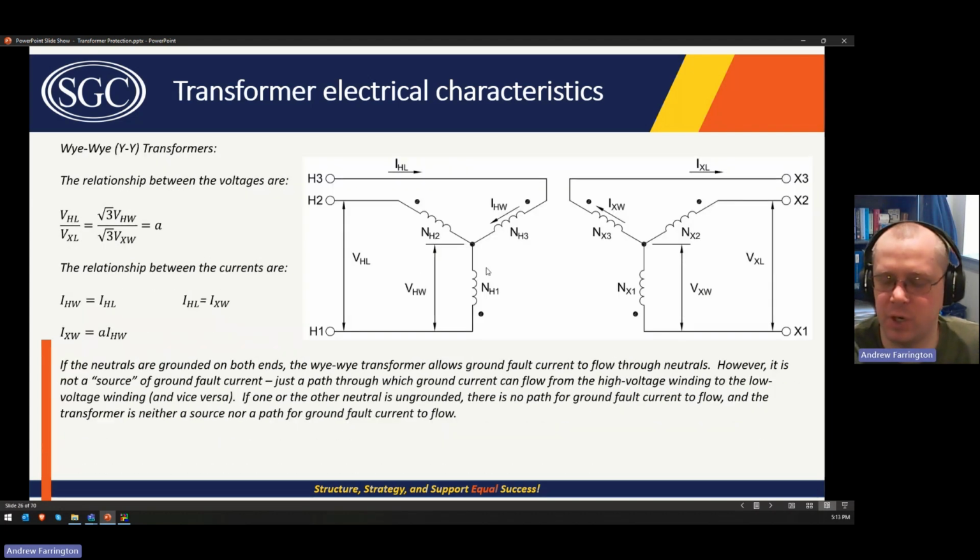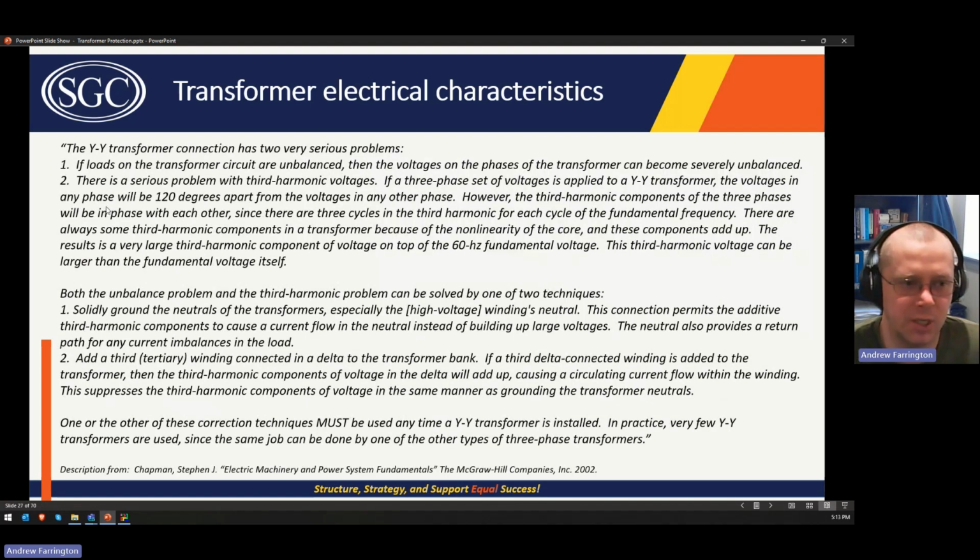The first winding configuration is the YY, and the YY transformer actually has two serious problems. The first is if the transformer loads are unbalanced, then the voltages on the phases of the transformer can become severely unbalanced. The other one is the issue with third harmonics.